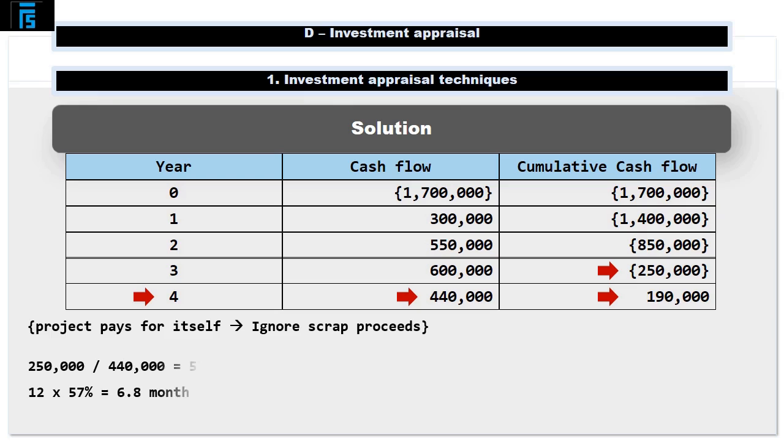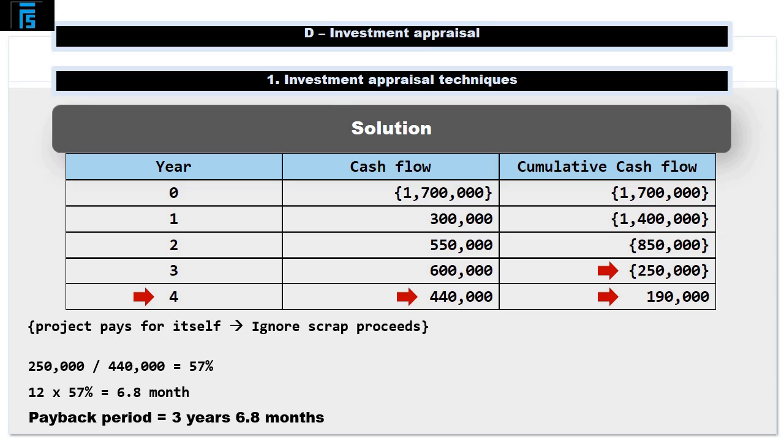We would need to go $250,000 over $440,000, or 57% of the way through that year. In other words, 57% times 12 months equals 6.8 months into that year. The payback period is therefore 3 years and 6.8 months.